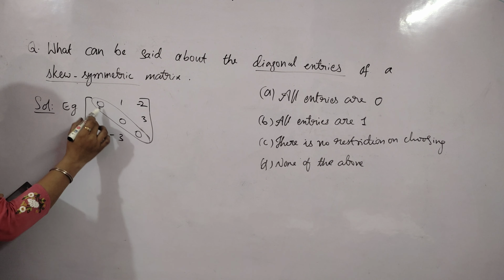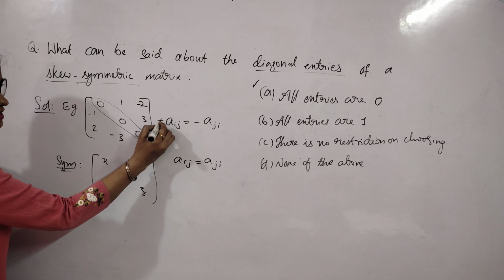Whereas in a symmetric matrix, the diagonal entries can be anything, x, y, z, but your upper and lower triangle elements must be correspondingly the same, like aij is equal to aji, whereas here aij is equal to minus aji.